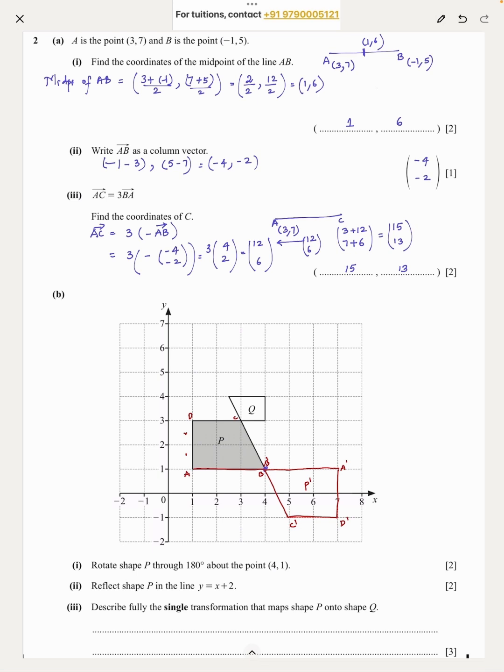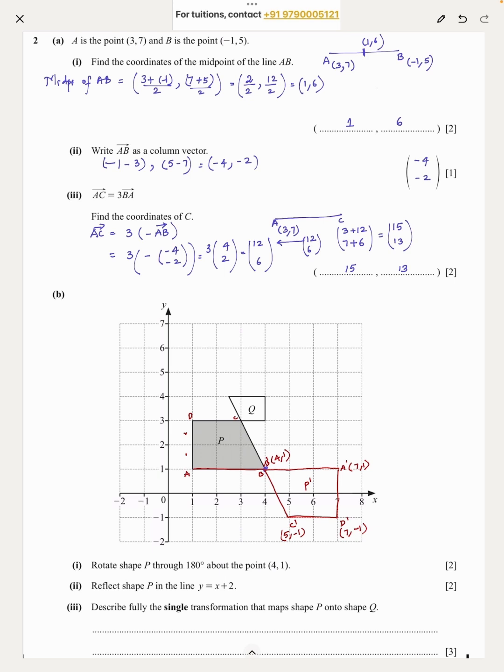So this is 7, 1, and B dash is again 4, 1. C dash is 5, -1, and D dash is 7, -1. So first question is done.